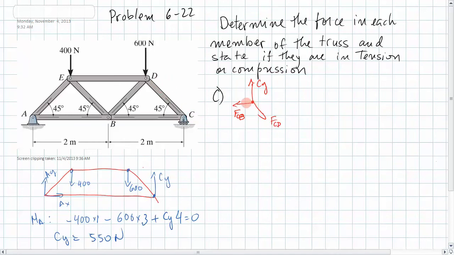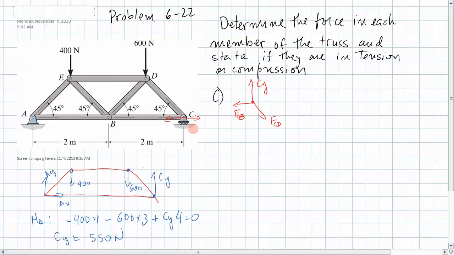If I draw this force this way, then that means the force on the pin is this force here. Therefore, the force on the member is the other way, and that member would be in tension. So when I solve my equations, if I get a positive sign, that means this member was in tension. If I get a negative sign, that means this member was in compression.